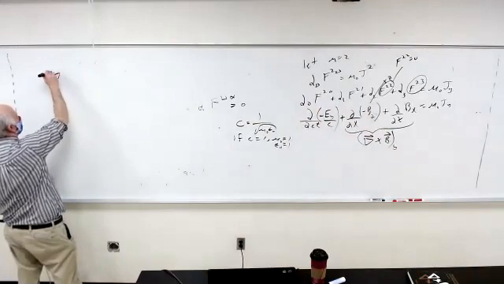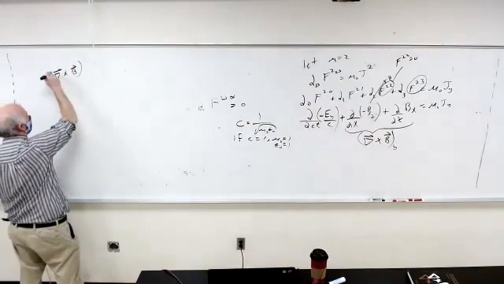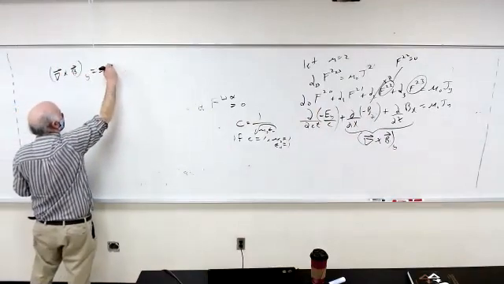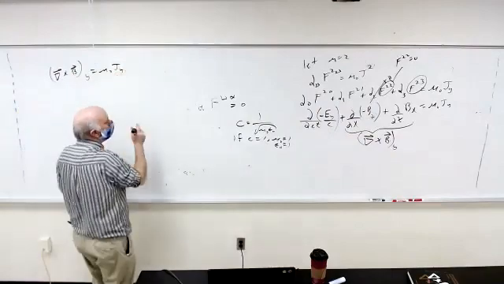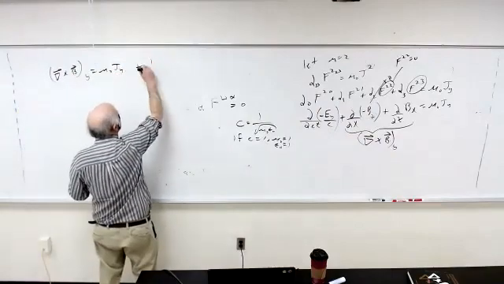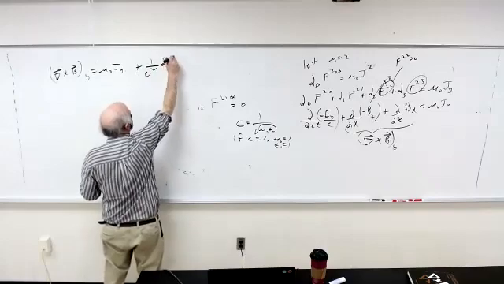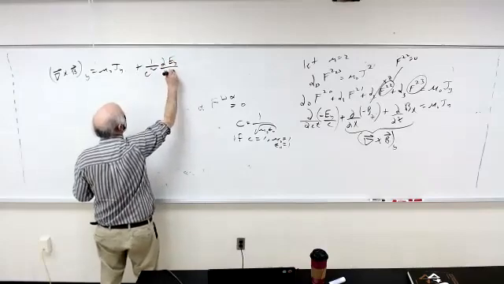So this gives us y component equals mu naught jy plus 1 over c squared partial ey with respect to t.